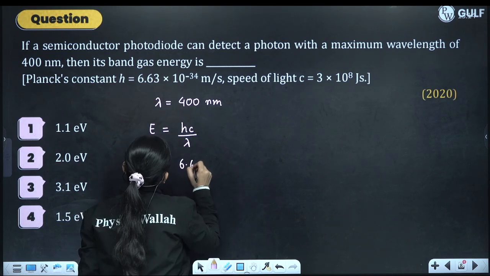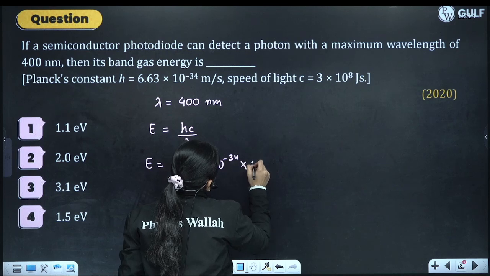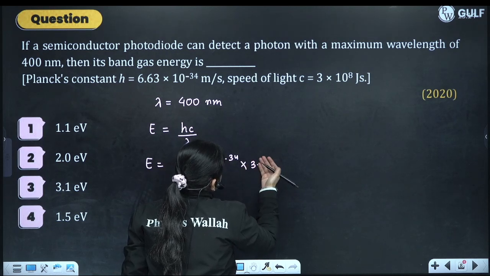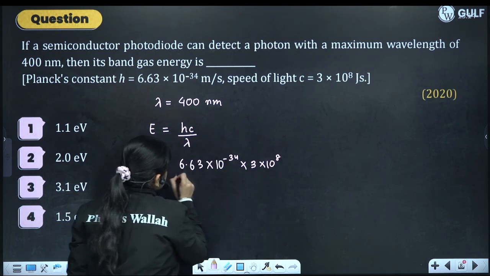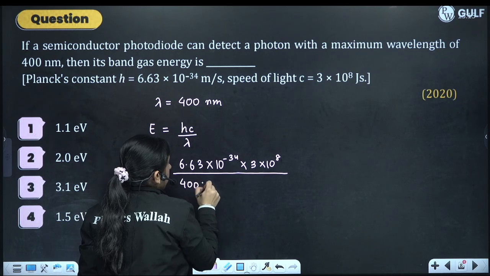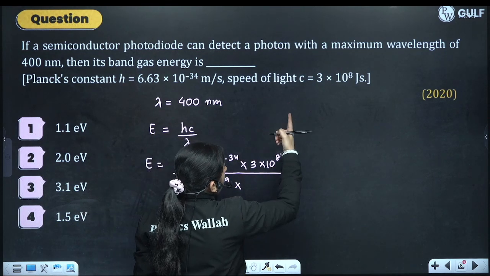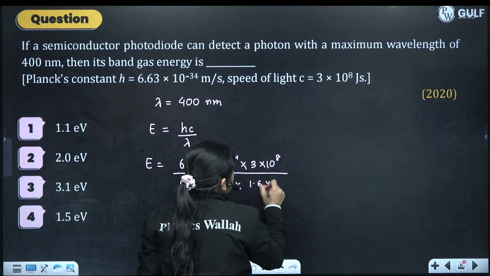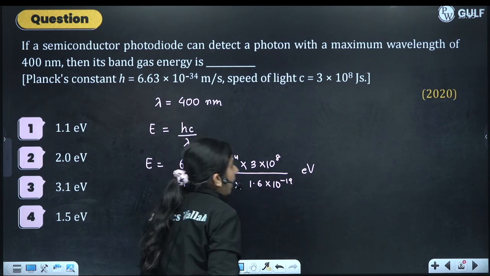So it will be 6.63 into 10 raised to the power minus 34 into 3 into 10 raised to the power 8, this is c, divided by lambda, 400 nanometers, and divide by 1.6 into 10 raised to the power minus 19 to get the result in electron volt.